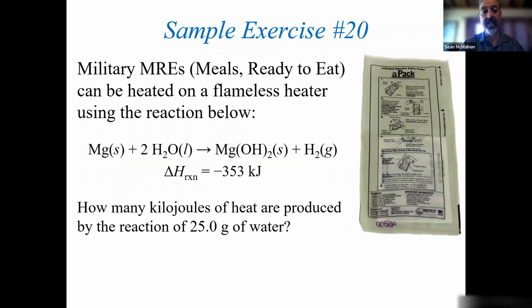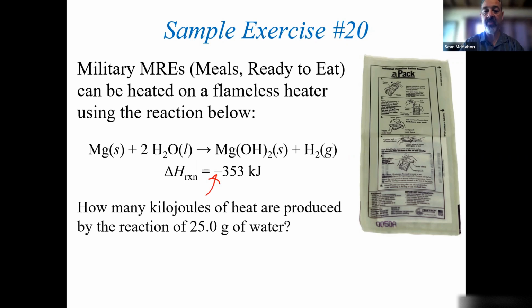So last but not least, military meals ready to eat can be heated on flameless heaters using the reaction below. So magnesium plus H2O yields magnesium hydroxide and hydrogen gas. The reaction is exothermic. How do I know? It's negative instead of positive, and releases 353 kilojoules.